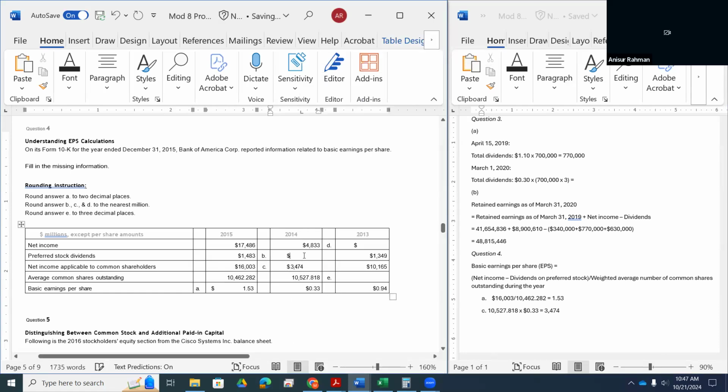Now to find out this amount, we need to take net income, subtract 3,474.